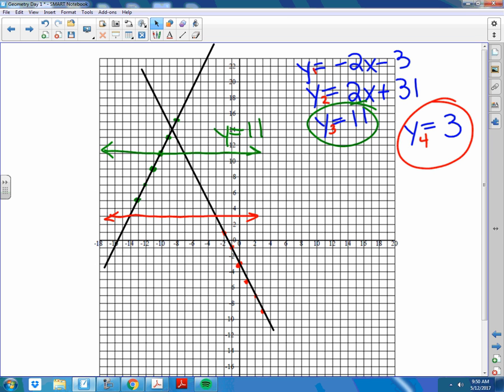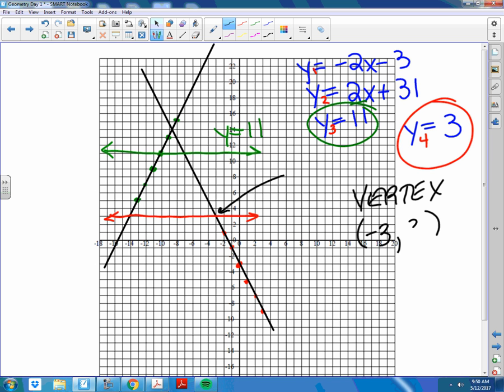Now, I have 4 lines on the board. If you look at all their points of intersection, could you write the ordered pairs for every vertex? Someone give me one of my vertices. Negative 3, 3. And this one is at negative 7, 11.